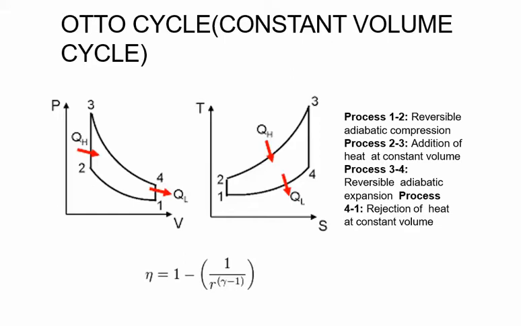An Otto cycle is an idealized thermodynamic cycle that describes the functioning of a typical spark ignition piston engine. It is the thermodynamic cycle most commonly found in automobile engines.